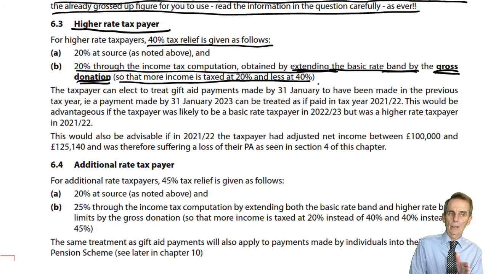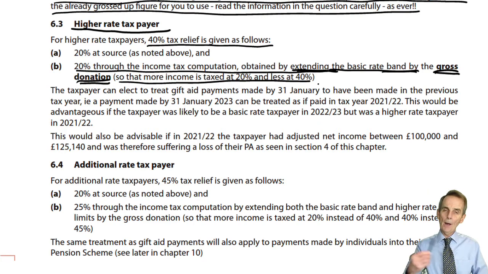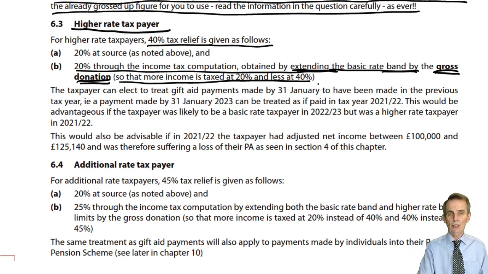And what that means is I tax the first £800, rather than the first £700 at 20%. I am moving £100 of my income that would have been in the higher rate band back into the basic rate band, therefore charging at 20 instead of 40%. That's the gross amount of the gift aid payment that has extended that basic rate band by. So there's your other £20 worth of tax saving.